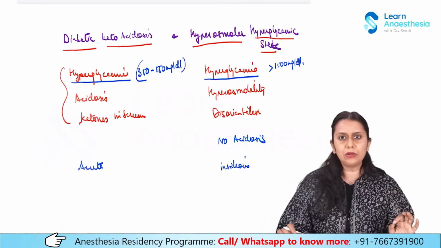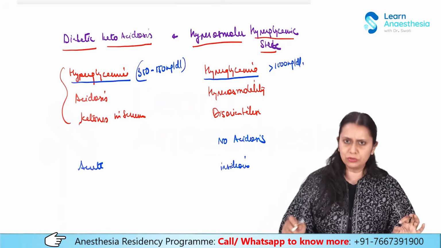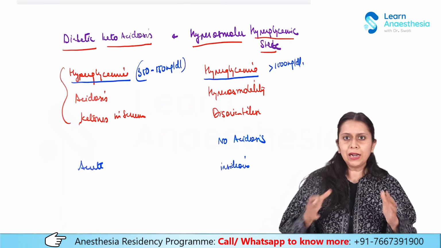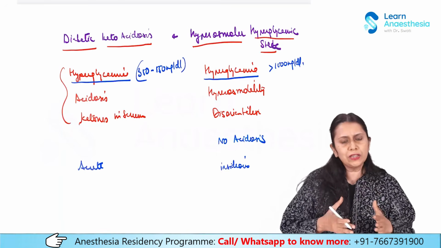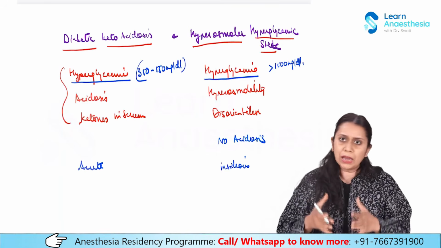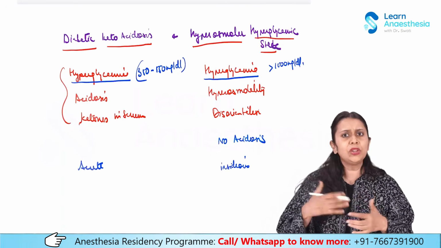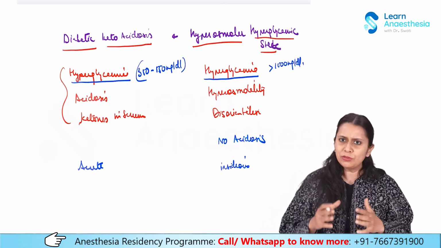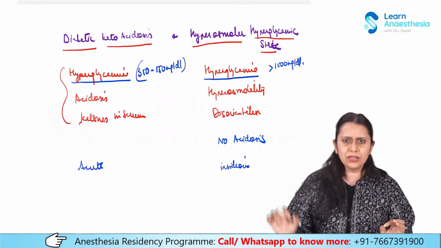So, we'll talk about that. What would be the clinical features of these two states? The important thing is that a patient can present with diabetic ketoacidosis, can present with hyperosmolar hyperglycemic state, or can present with a combination. So, many times they overlap also. Management more or less is the same with little difference, which I'll talk about.